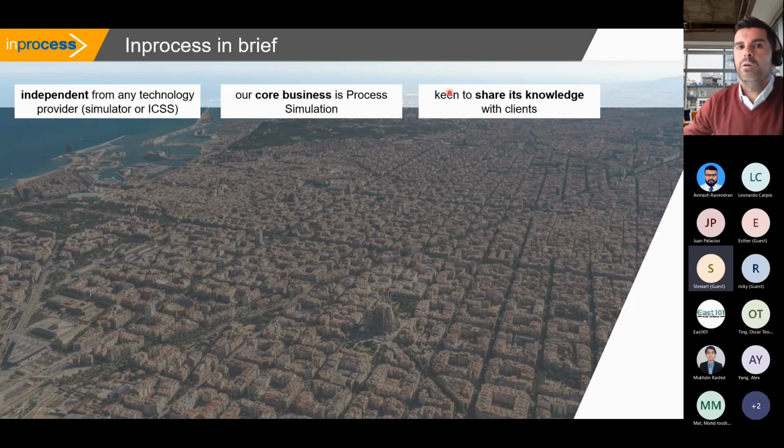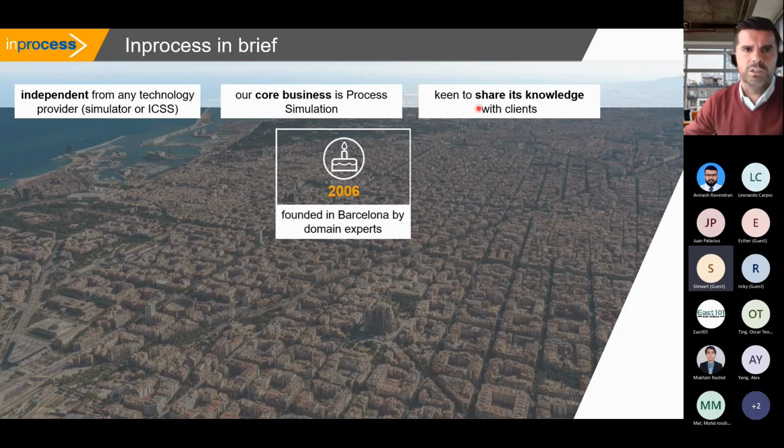And again, same as IS 101, we have the capabilities not only to deploy projects, but also to train. We have the lecturing capabilities to train engineers and control room operators and field operators in how to best perform in their plants around process simulation technologies.